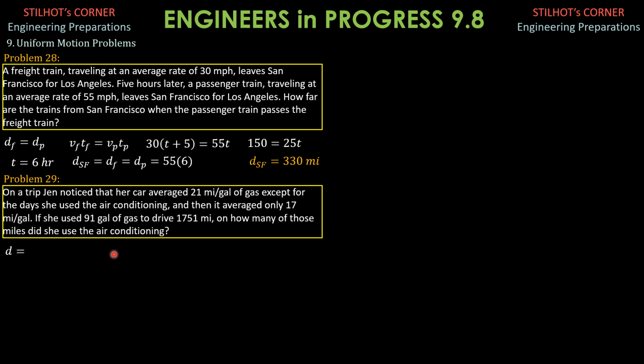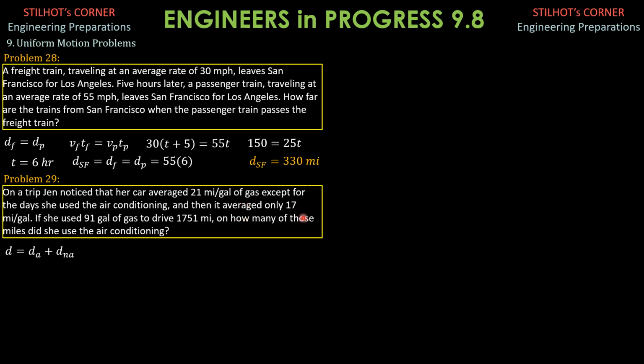Distance equals distance when the car uses air conditioning plus distance when the air conditioning is not used. We will call this rate, but rate in miles per gallon instead.